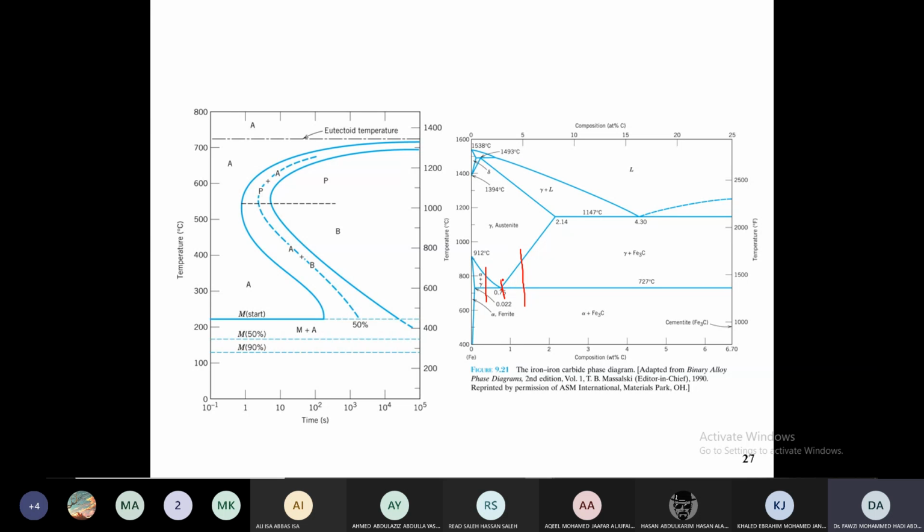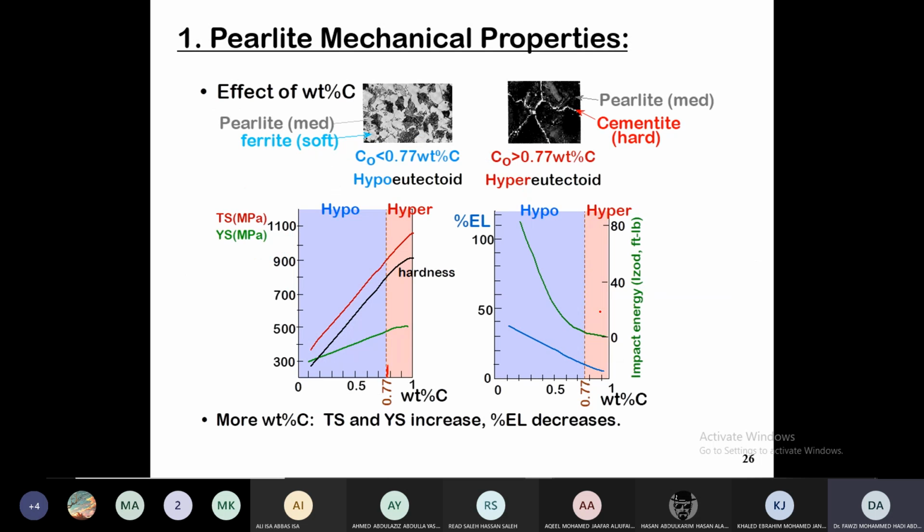This is the eutectoid, and this is the hypereutectoid. In this range you have the primary cementite forming, and then all the austenite goes into the perlitic structure. So you have primary cementite and the perlitic structure occurring there.